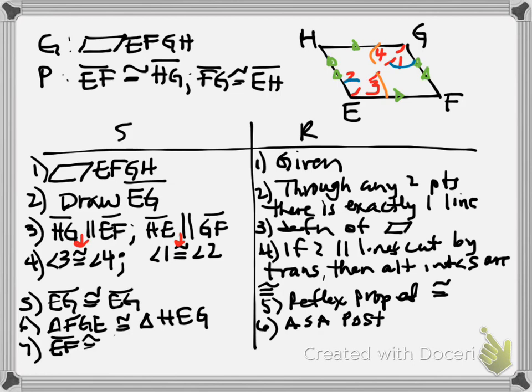Oh, wait a second. We've got EF and I've got HG, but my letters say GH. So guess what? F and G go together, and E and H go together. Okay, now I got it. Well, hopefully y'all had more sleep than I did.